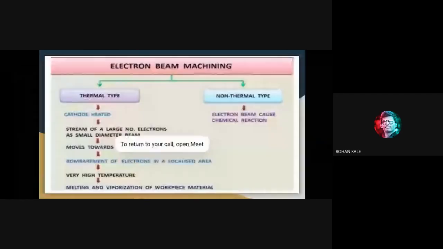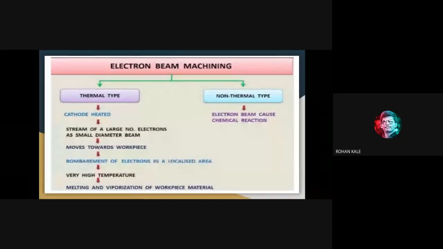Okay, so here I have written the working principle steps of the electron beam machine. You can see the cathode filament is heated, then a stream of a large number of electrons as a small diameter beam will be generated from the cathode filament, and then that stream of high velocity electrons moves towards your workpiece, and due to the bombardment of electrons in that localized area of your workpiece surface, the temperature will rise.